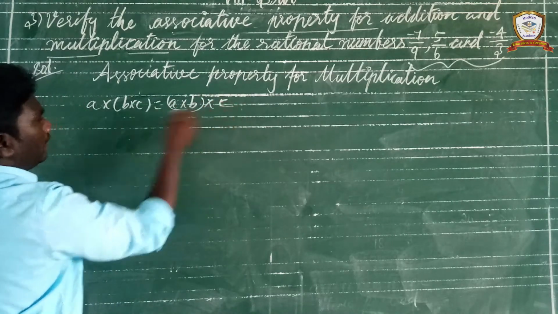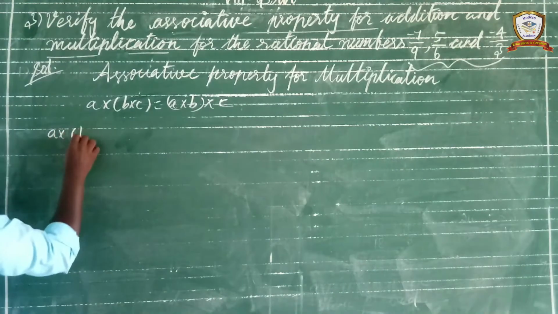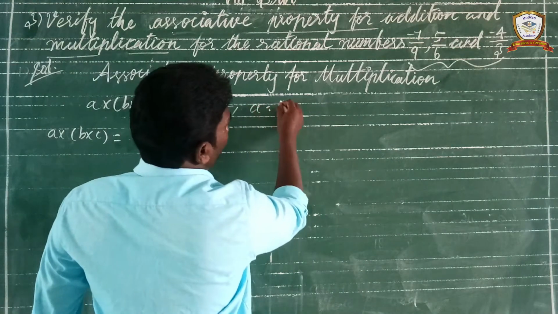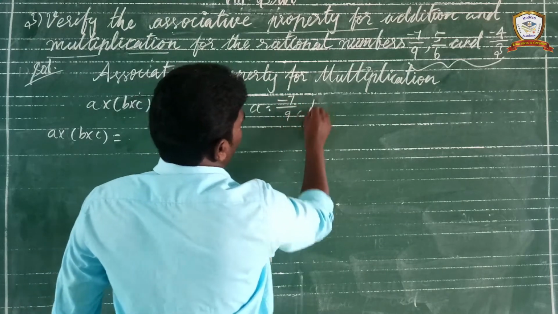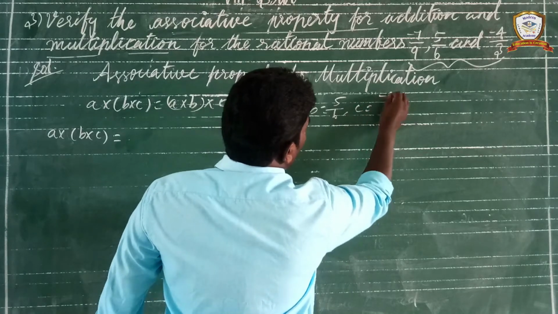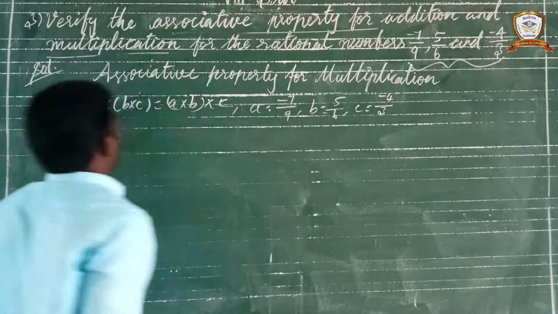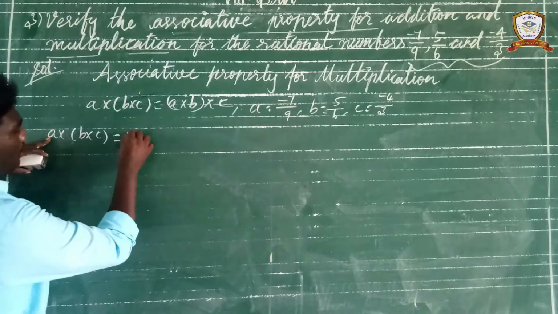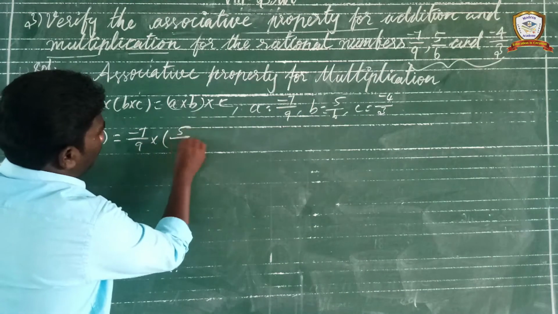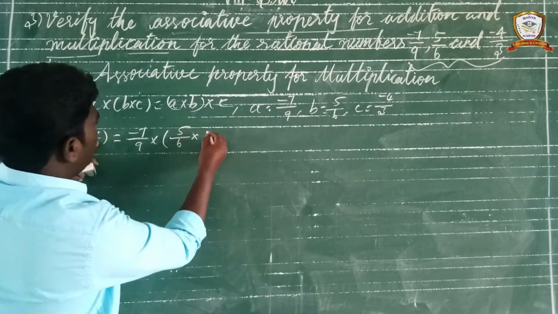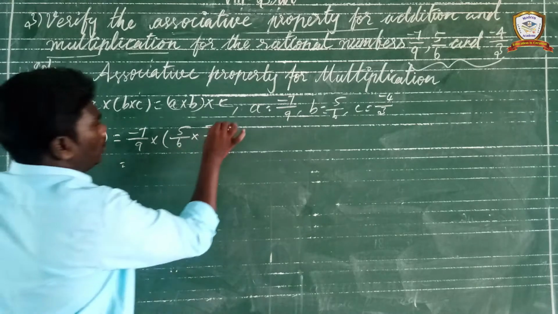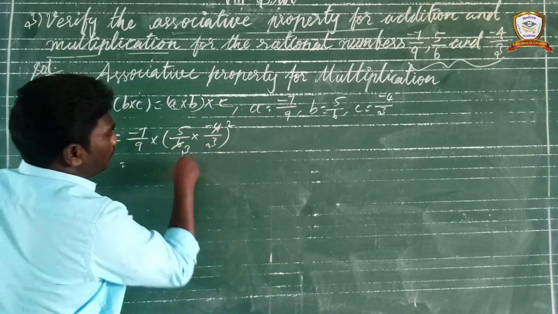First you take the LHS. So here A into B into C. Here A is minus 7 by 9, B is equal to 5 by 6, C is equal to minus 4 by 3. So first A is minus 7 by 9 into B, 5 by 6, into C, minus 4 by 3. Okay, now listen. 2 2s are 4, 3 2s are 6.